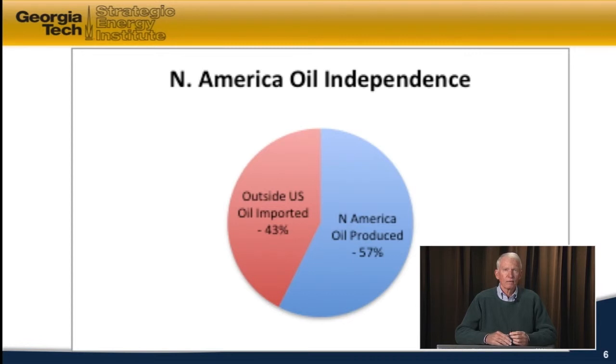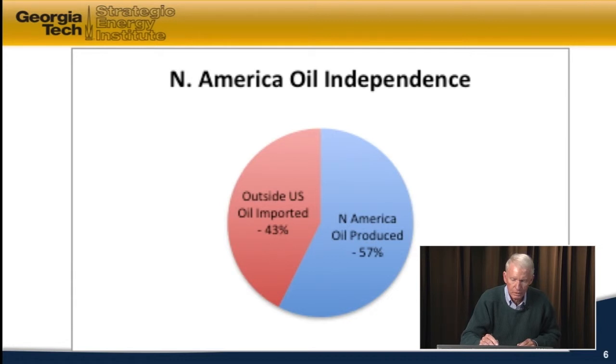If you take out Canada and Mexico from the imported number, then we are importing about 43% from outside North America, and we are producing about 57% inside North America.